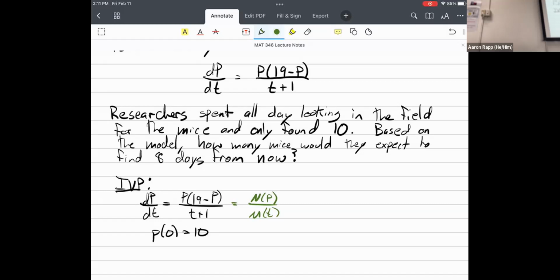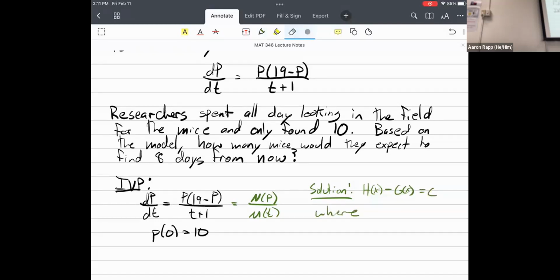Which means that the solution is going to be of the form h of y minus g of x equals c.